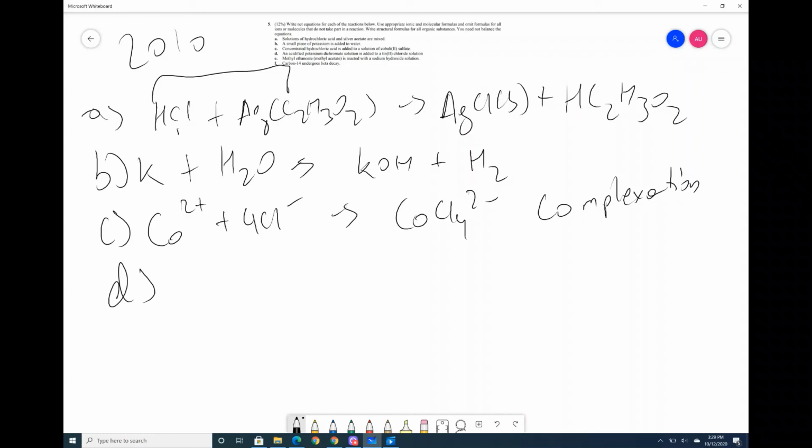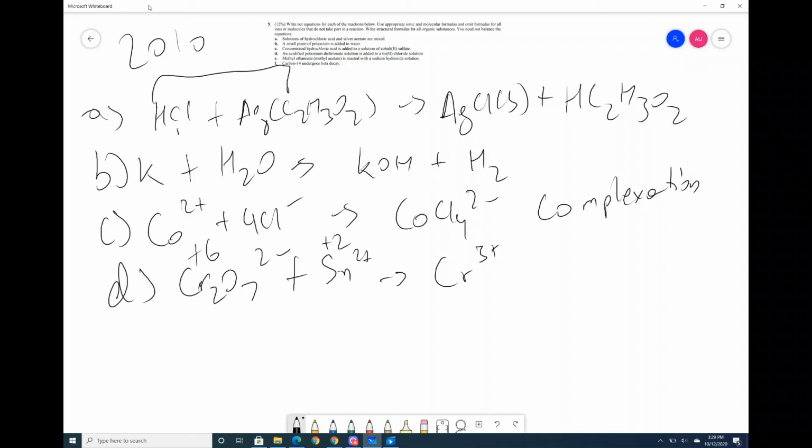D, acidified solution of potassium dichromate, right? So dichromate is Cr2O7 2-, and Sn is plus 2. So this one is plus 6 and this one is plus 2. So this one is a higher oxidation state, so this one will get, I think, reduced. Yeah, reduced into Cr3+, and then we're going to have this one get oxidized.